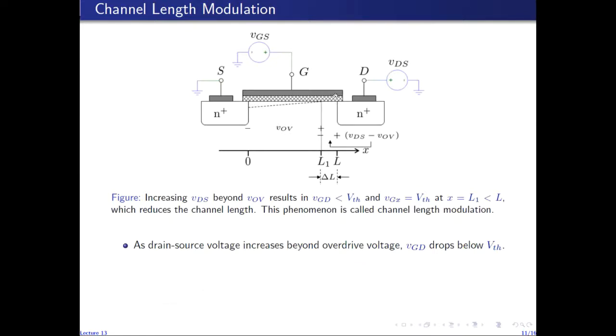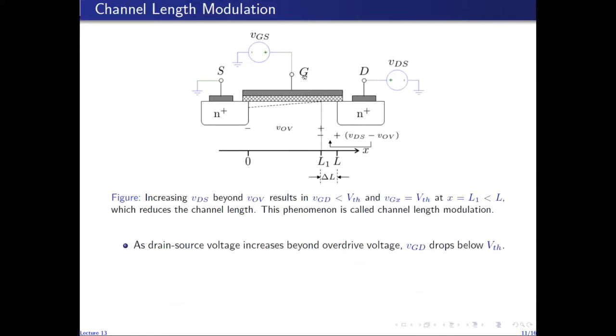So at the onset of saturation, VGX, the voltage between the gate and any point X along the channel, is equal to V threshold when X is L, and it increases from V threshold to VGS when X is equal to 0 at the source side. So the voltage between gate and X increases as we move from the drain side towards the source side.